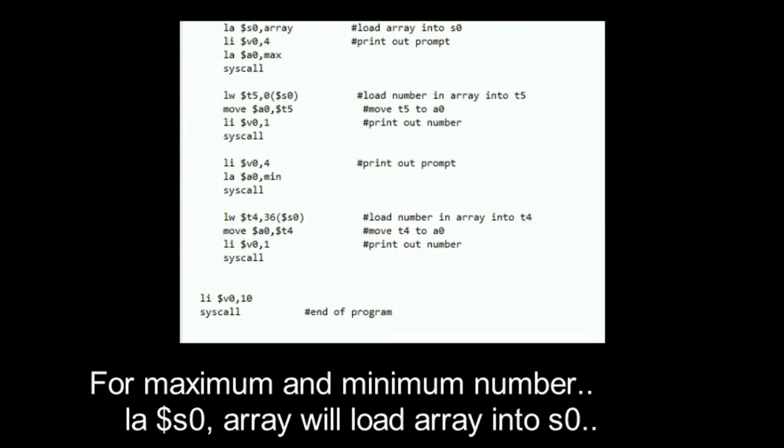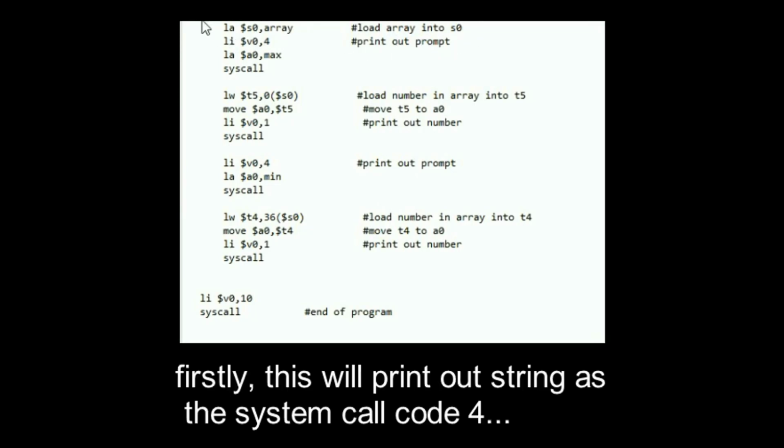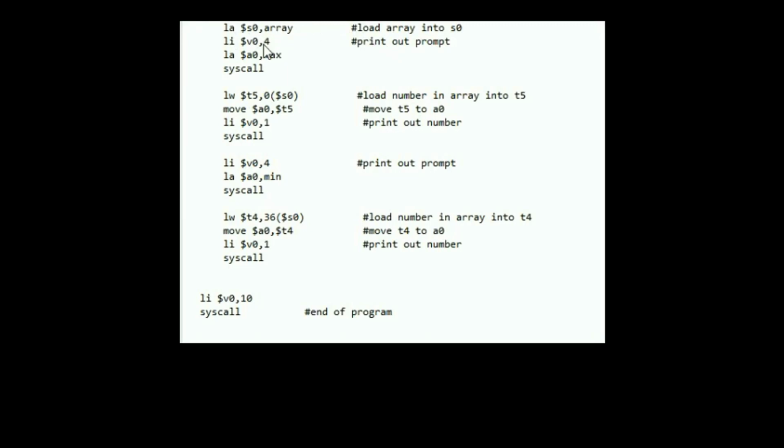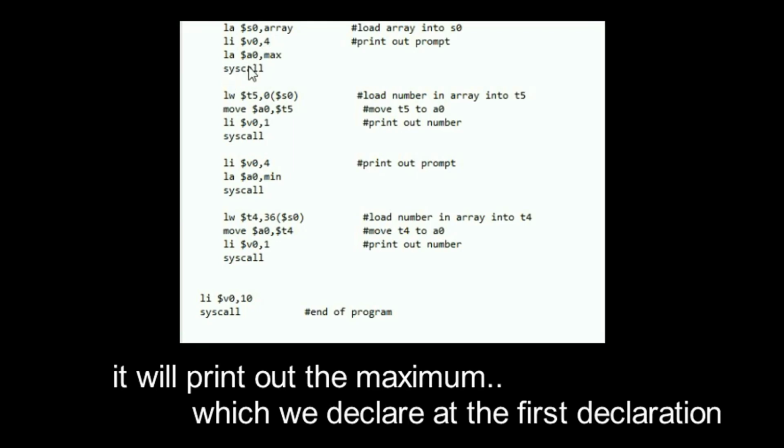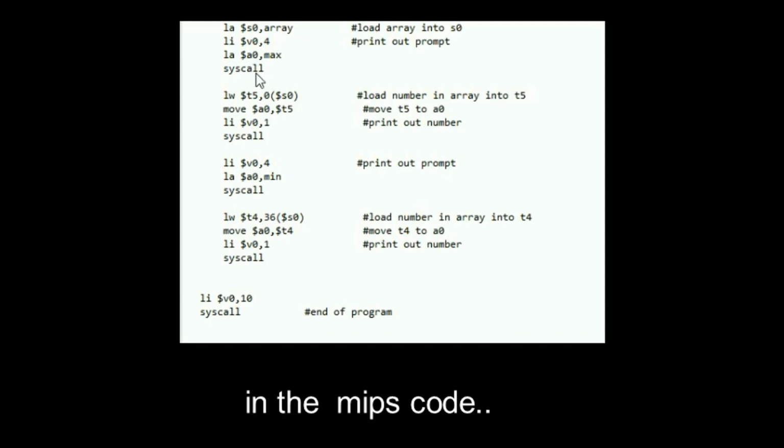For maximum and minimum number, LA $S0 array, it will load the array into S0. Firstly, this line will print out a string as the system call code for string. And then for LA $A0 maximum syscall, it will print out the maximum which we declared at the first declaration in the MIPS code.